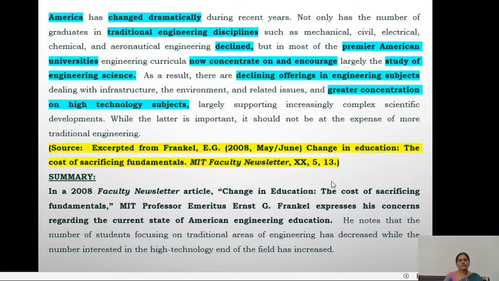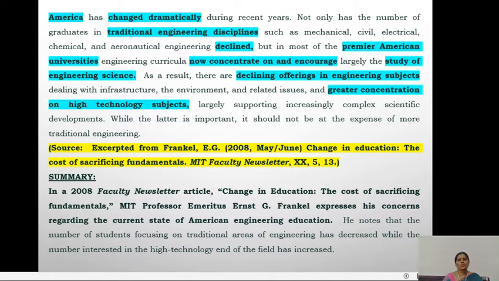We just try to combine all these ideas without a change in the meaning of the original text.